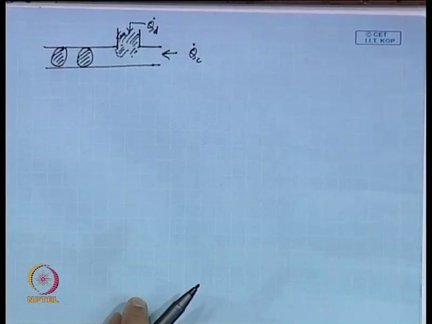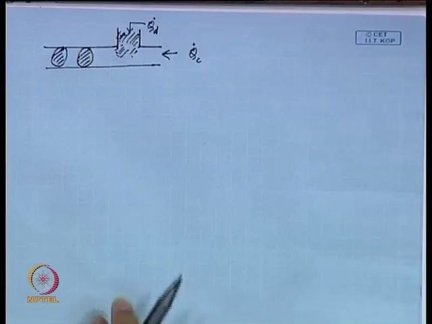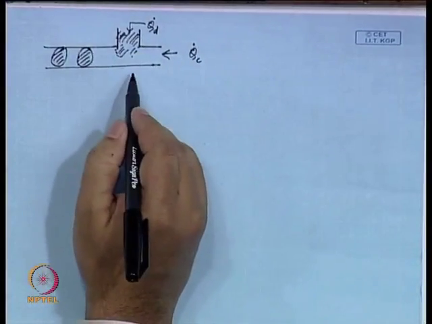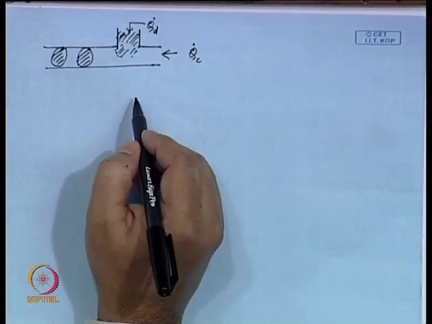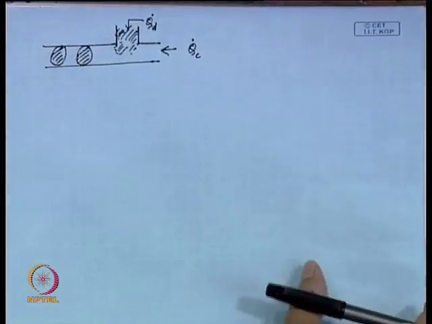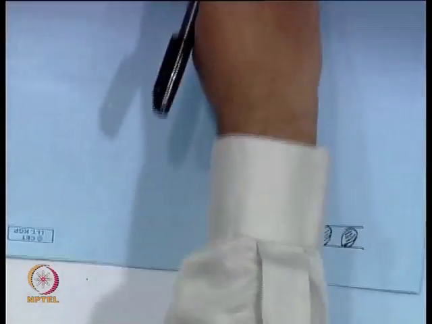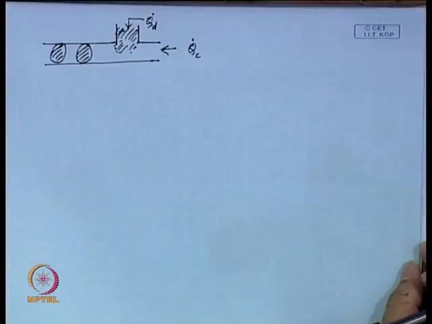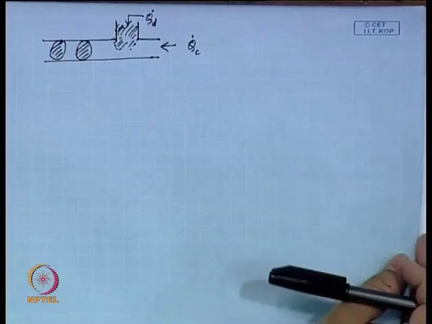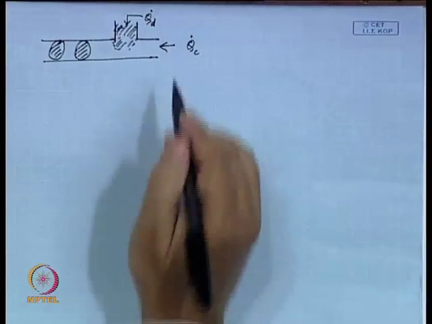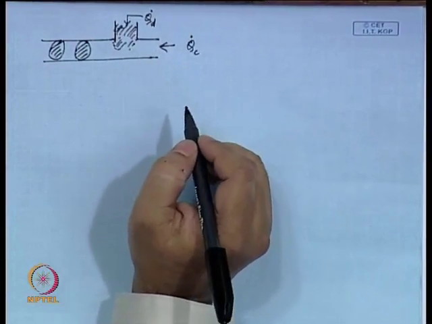This is referred to as a T joint, because, though I should have drawn it, this arm should have been on the bottom side, then it looks like a perfect T. Anyway, you can invert this and you can still see how it is a T. Now, you have the carrier fluid here and the droplet phase here coming in.